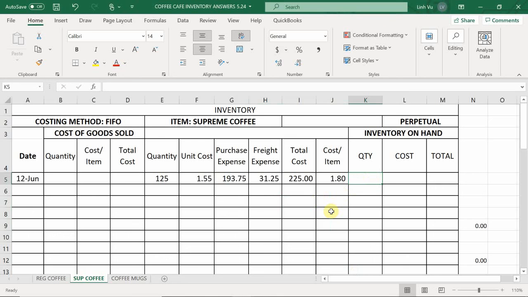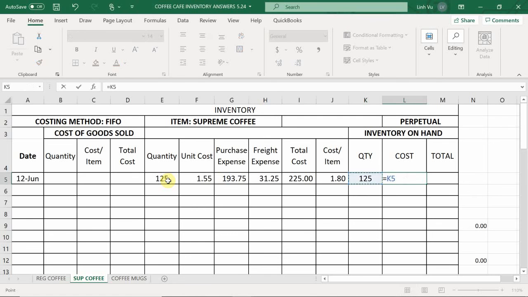Right. So because this is my very first batch, I'm going to carry it over into my inventory on hand. So I have 125 pounds available at a cost of $1.80.